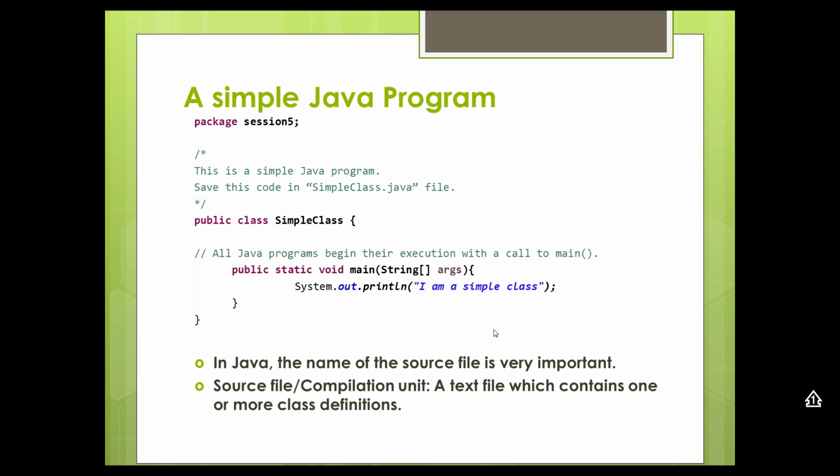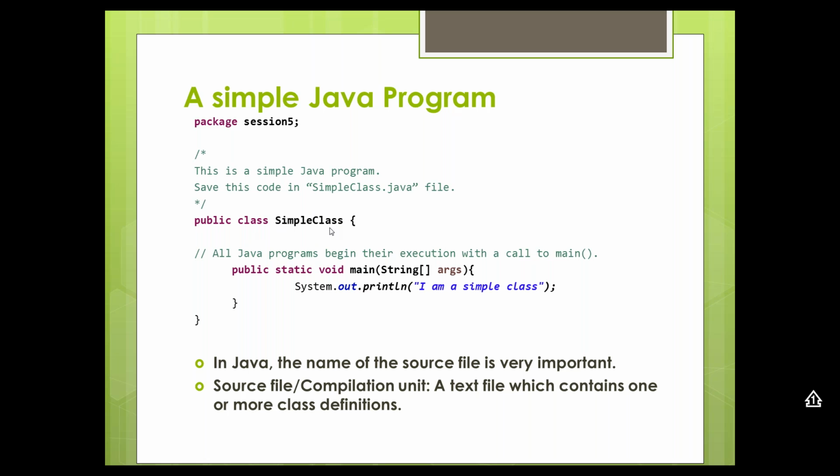What do I mean by that? Here we have a class defined with the keyword class, and the name of the class is SimpleClass. That's what I'm highlighting right now.